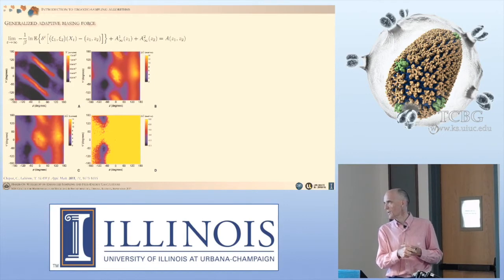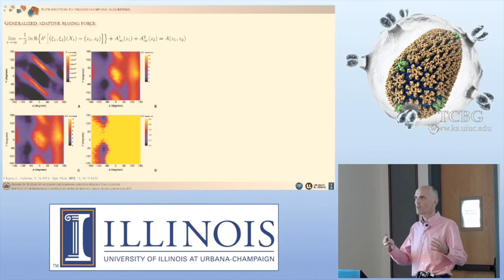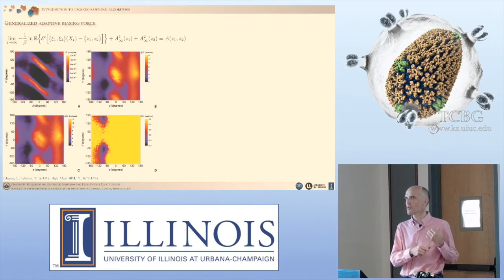This gives a cheap recovery of the two-dimensional potential of mean force, or the two-dimensional histogram, which of course doesn't include the coupling terms with the different degrees of freedom.